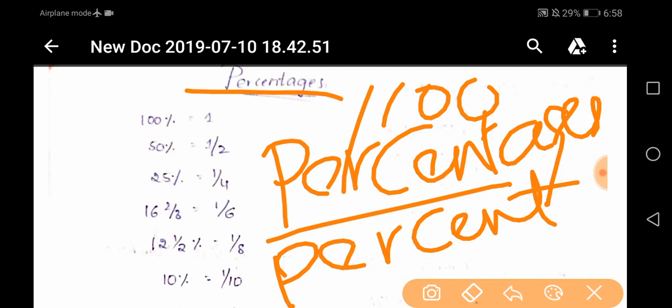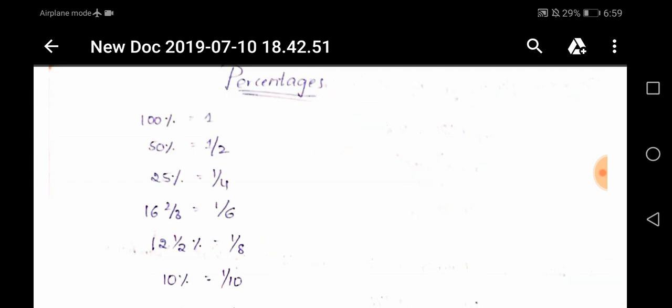Percent is nothing but per 100. Mostly these will be found in aptitude problems which occur in the companies which you are going to attend. So this percentage topic deals with problems on percentages.